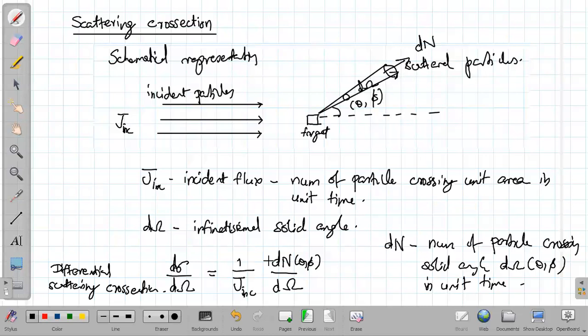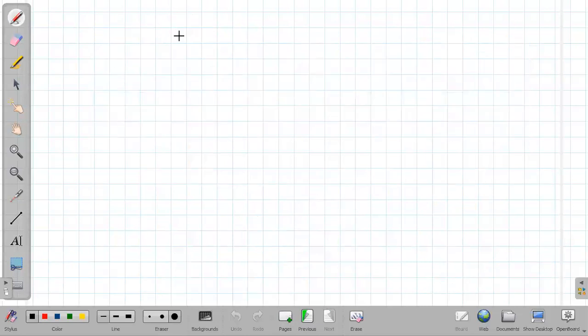That is the definition of the differential scattering cross section. So d sigma by d omega is 1 by J_inc times dn upon d omega.